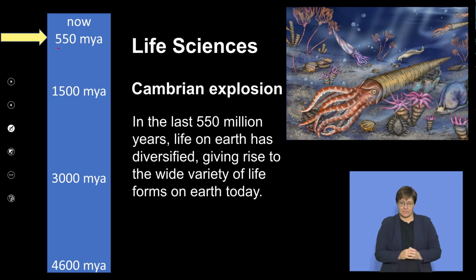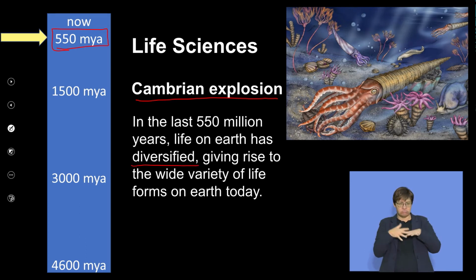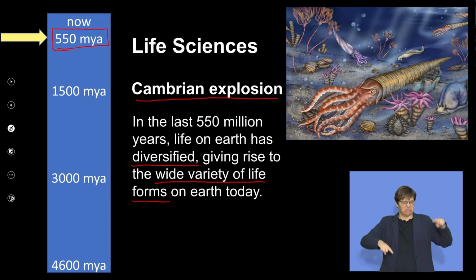Right at the top, 550 million years ago, there was something called the Cambrian Explosion. And that was when life on Earth diversified, became very, very different, starting the development of the wide variety of living things that we see on Earth today.